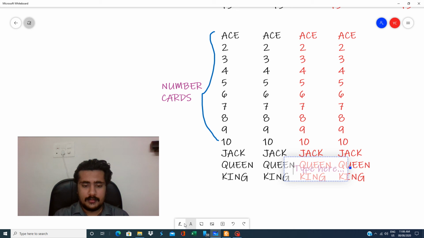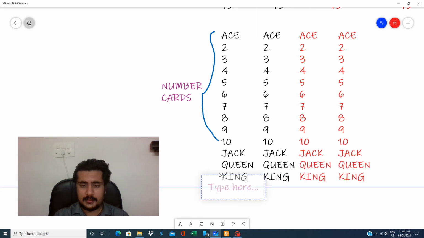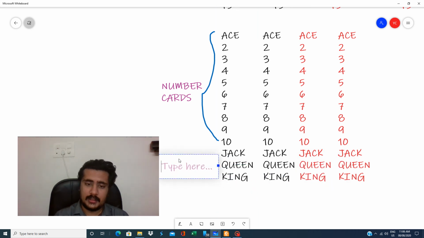And these cards, that is 3, 3, 3, 3, making 12, that is Jack, Queen, King, these 12 cards are known as face cards.